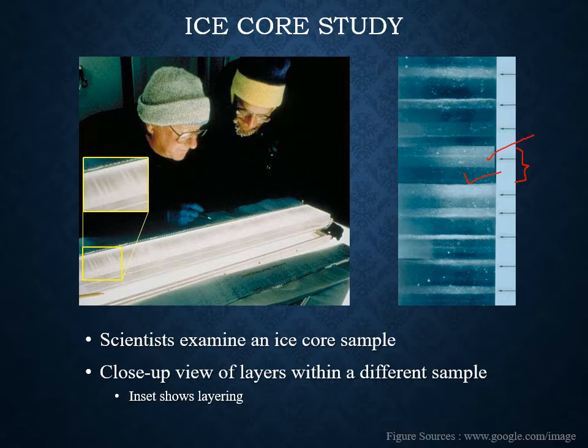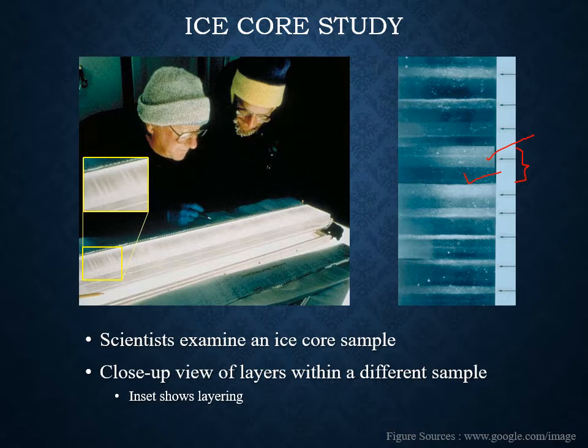But during winter, when there is less supply of water, snow condensation is very low, and mostly this snow is mixed with blowing sand and dust particles, and thereby discoloration occurs and the snow precipitated becomes darker in color.